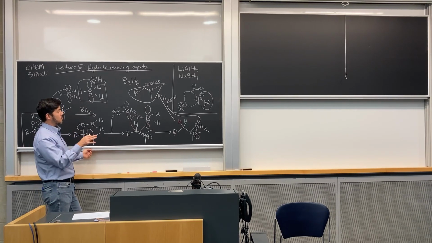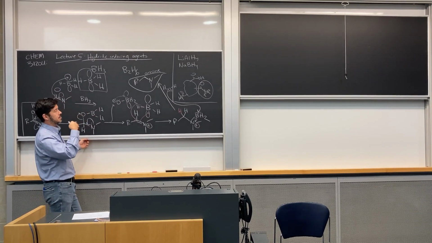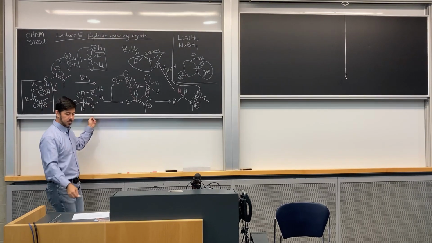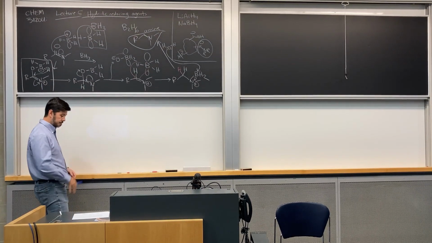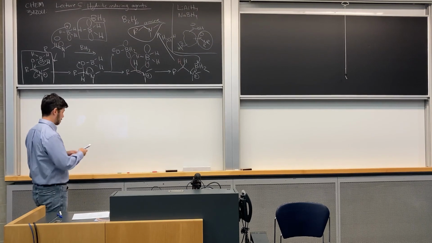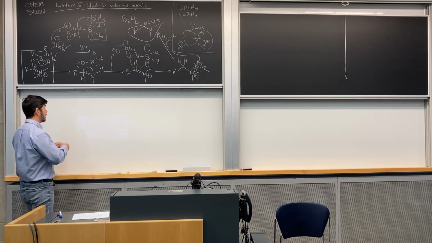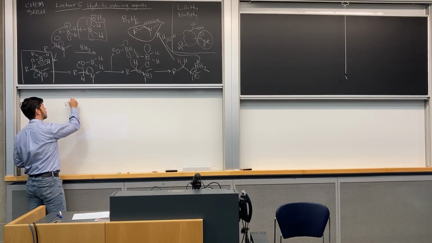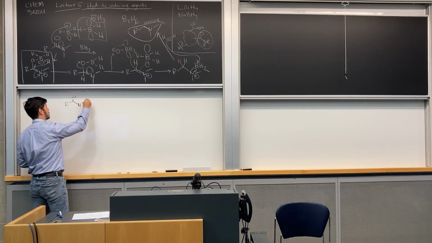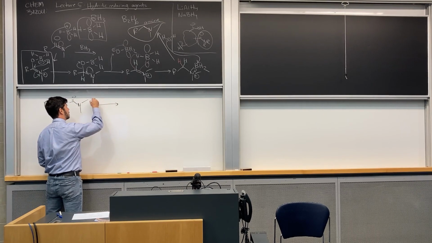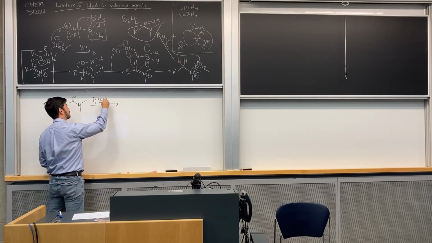So let me just summarize this reaction because there's a lot of different things on this board. Just to make it clear, we are taking this amide and it's a two-step reaction with BH3.